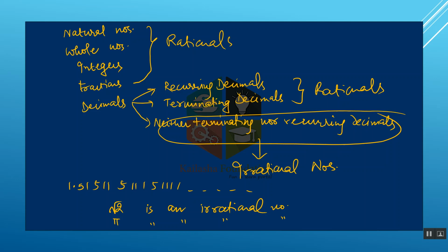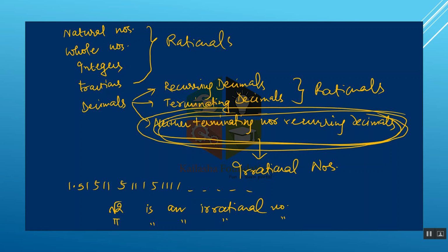Okay, what is 0? 0 is a rational number, yes, because there is no such case in 0. For a number to be irrational, there must be neither terminating nor recurring decimal.